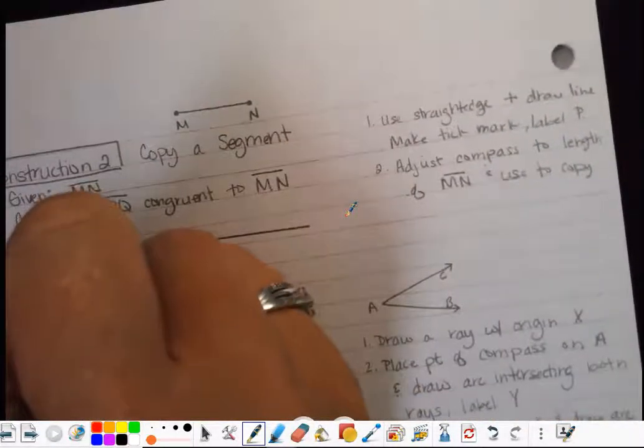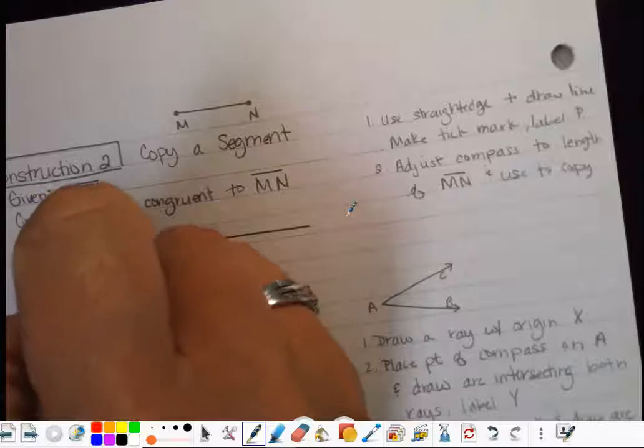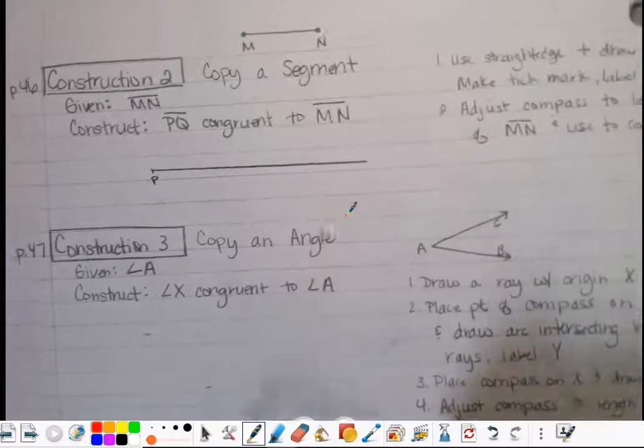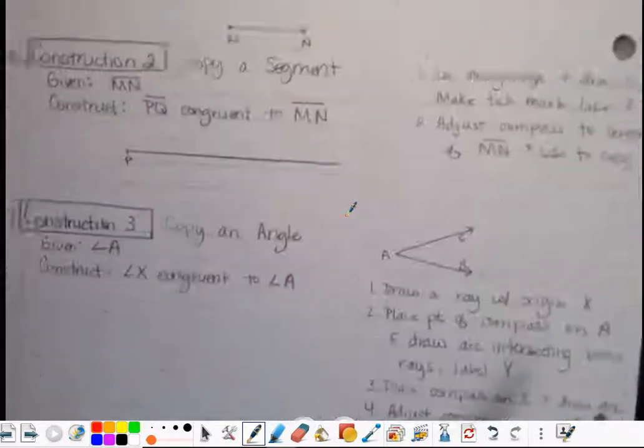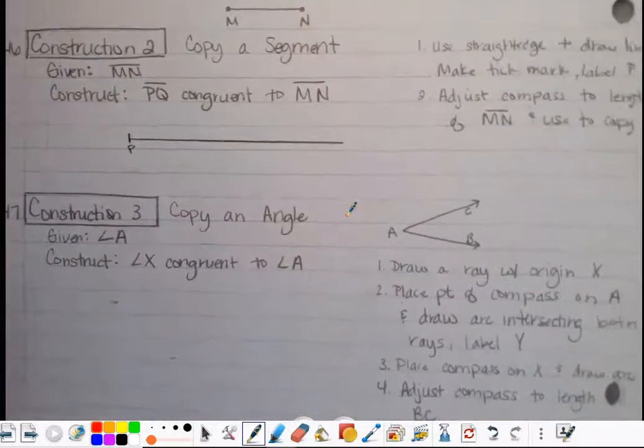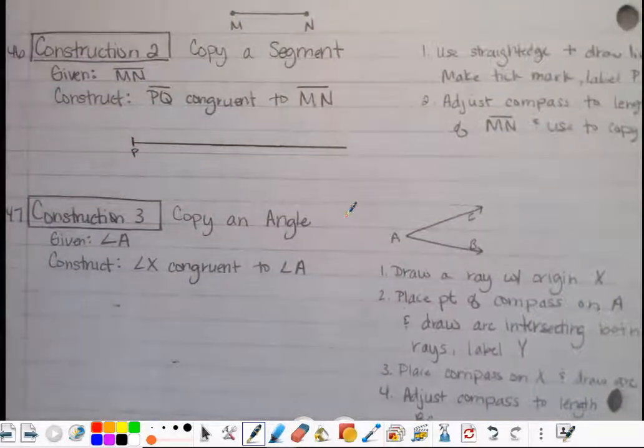P is down here. These are the directions. That's the point where we're starting. So we make a line, make a tick mark, and label it P. This line is related, but we're going to make a mark on it for the actual length.